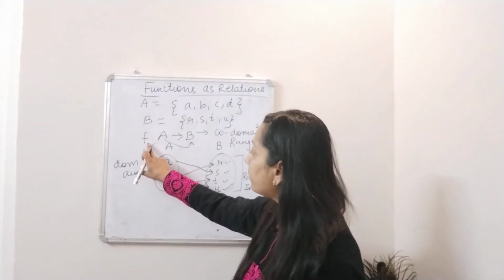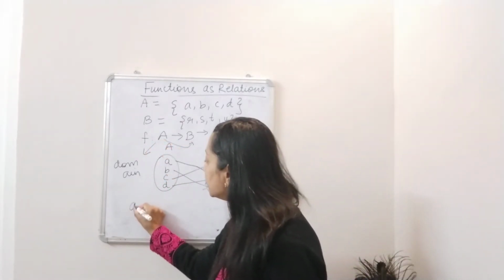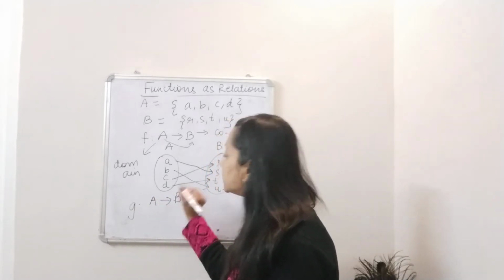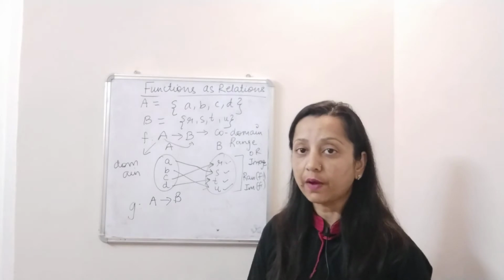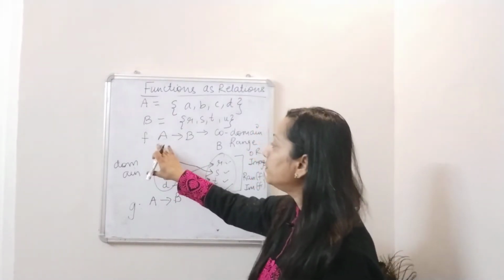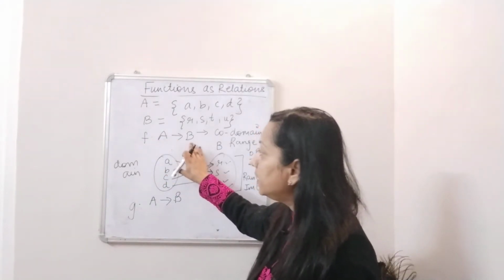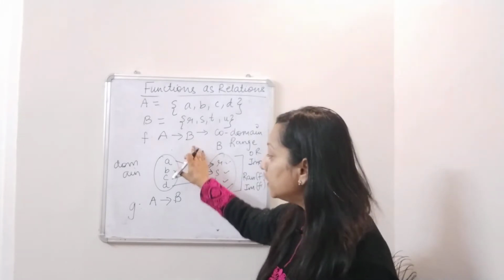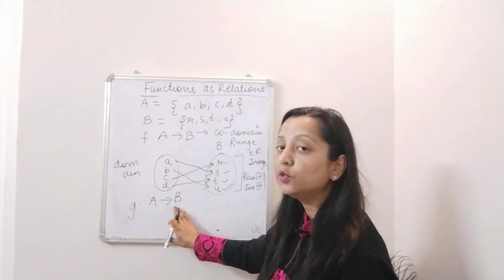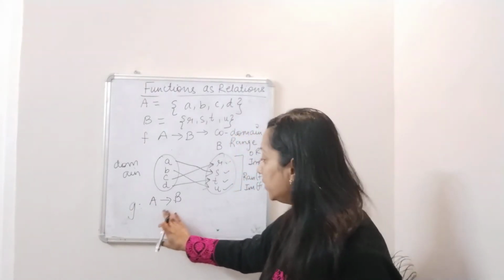Now let us assume f is a function from set A into B. Similarly we have another function named G that also goes from set A into B. That means the function f is going from set A into set B, so all the elements of set A will be assigned values from set B. Similarly, in case of function G also, since it goes from set A into set B, all the elements of set A will be assigned values from set B.